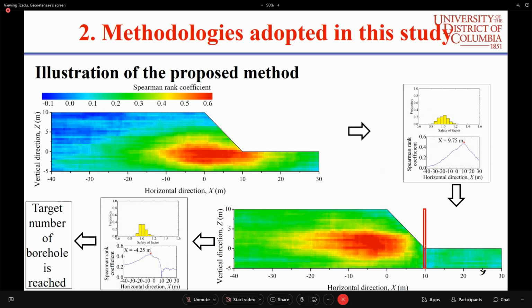After 1,000 simulations are performed, we can obtain 1,000 samples of soil properties and 1,000 factors of safety. And we can calculate the DMN coefficient at each available possible location. In this study, we can see there might be not a possible location. After that, we finally reach the target number of possible locations.